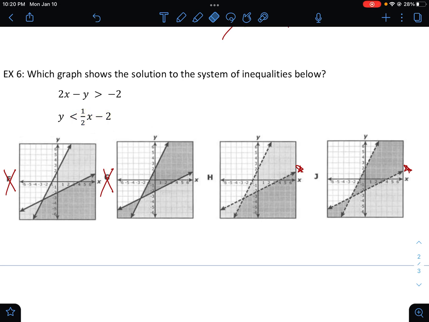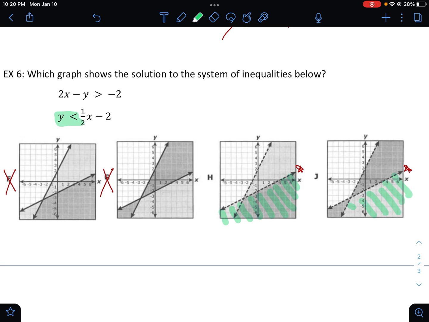Now we can focus on the shading of the lines. I'm going to start with the bottom one this time because it's already solved for y. I am going to shade below. So the below area is down here.